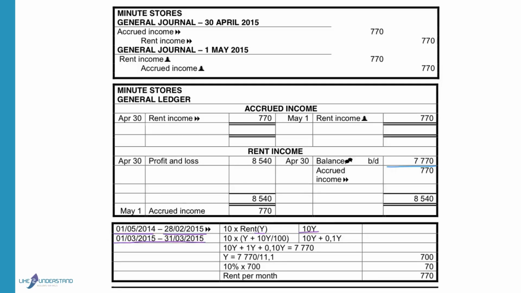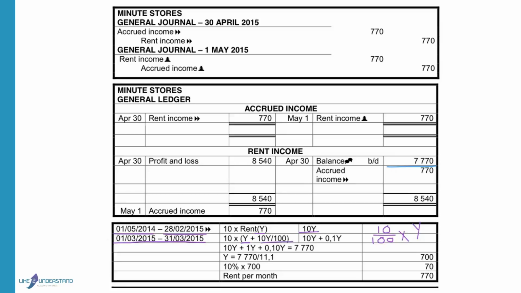Now, normally when we calculate a percentage, I will say 10 divided by 100 times the amount, and in this case, the amount is Y. So if we multiply the top, 10Y, at the bottom is 100. So it means for this month, we received the normal Y amount plus that additional 10%.